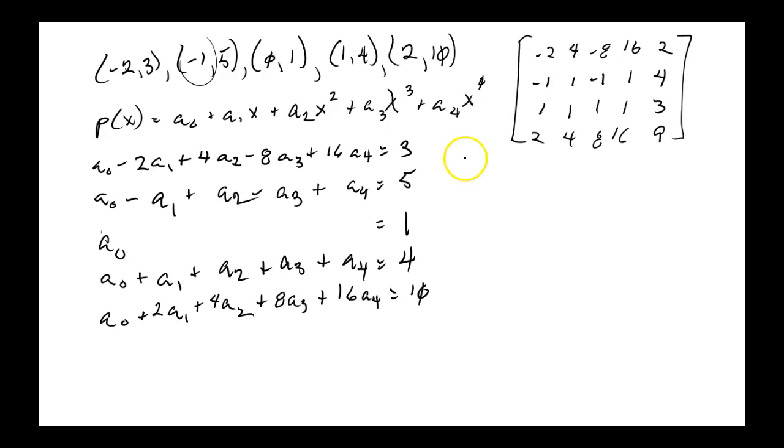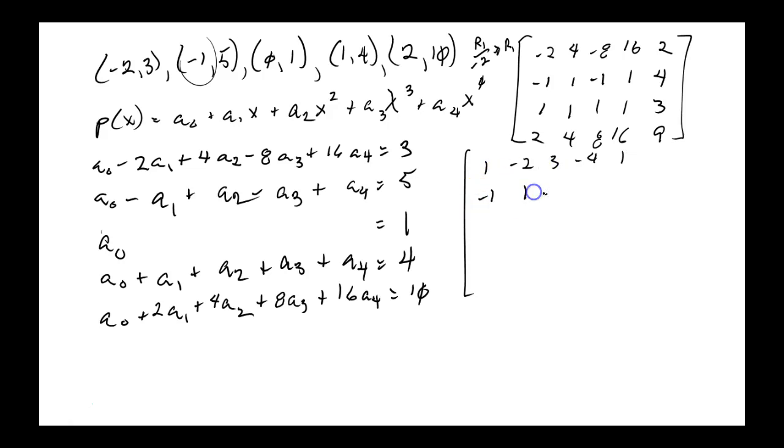Okay, so the next step will be row 1 divided by minus 2 is the new row 1. Okay, so that will now be 1, minus 2, 3, minus 4, 1. Agreed? And then I'll write down the rest of them.